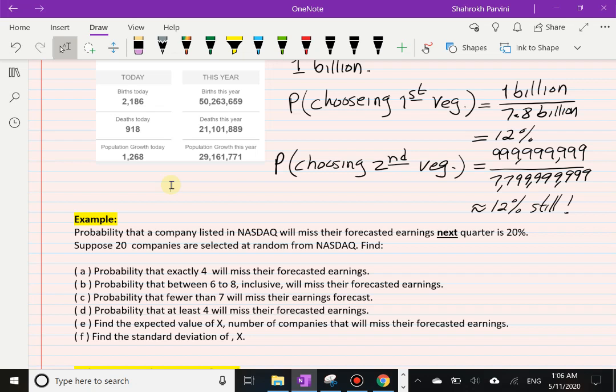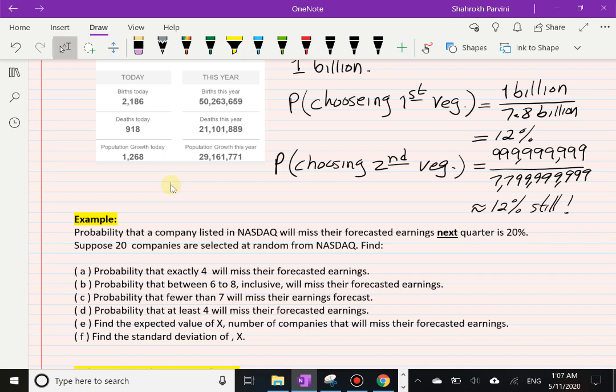We want to find A through F. Probability of exactly 4 of the 20 will miss their forecasted earnings. And then different probabilities between 6 to 8, fewer than 7, at least 4. In parts E and F, we want to find the expected value and the standard deviation.